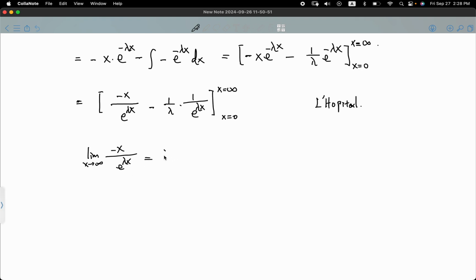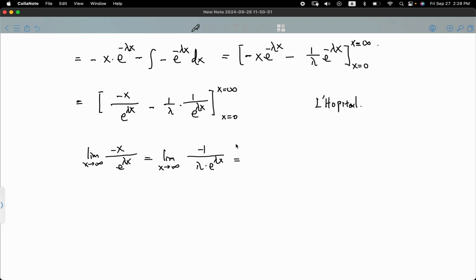So you take the derivative of the numerator and the denominator. You will end up with -1 over lambda multiplied by e to the lambda x.